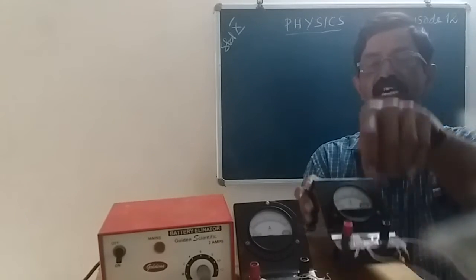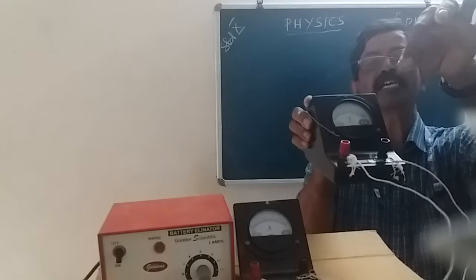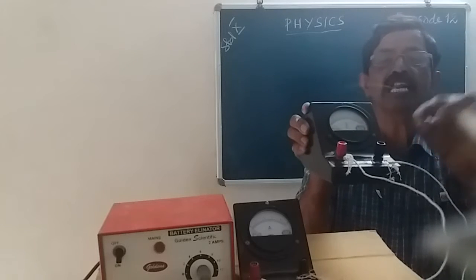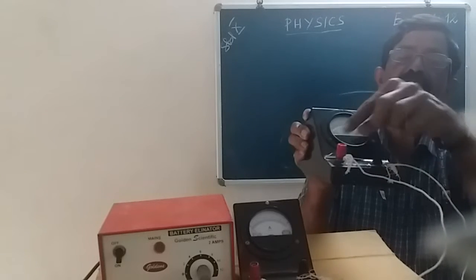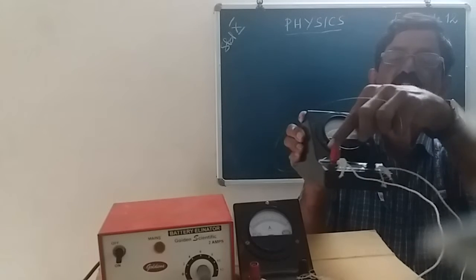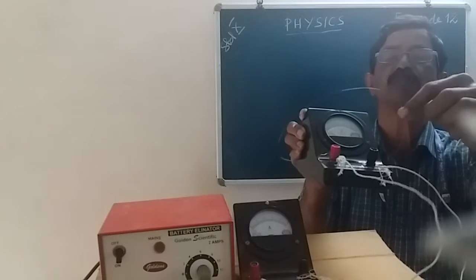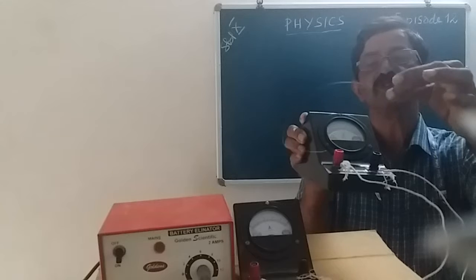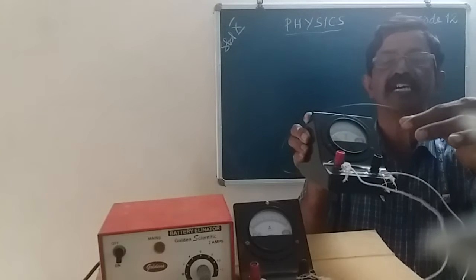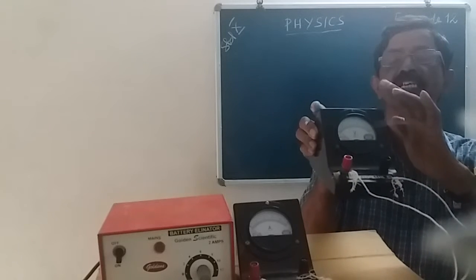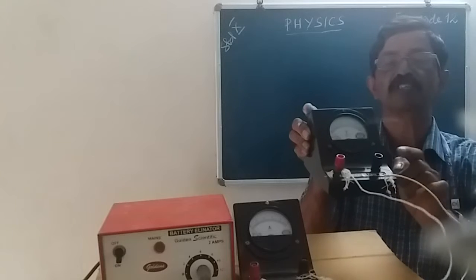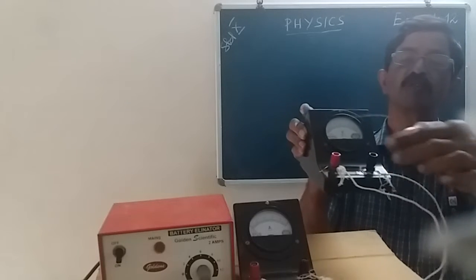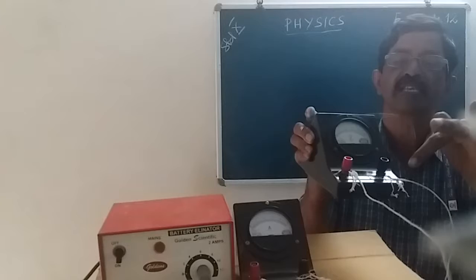This nichrome wire, we connected in parallel, because we want to measure the potential difference between the ends of this nichrome wire. So we connected this voltmeter parallel to it. Here you see this voltmeter is parallel to this wire.